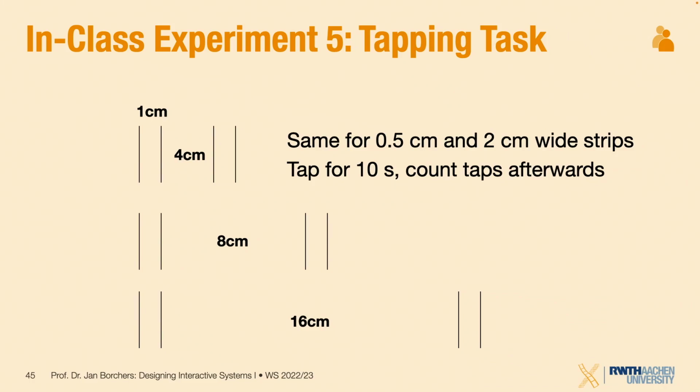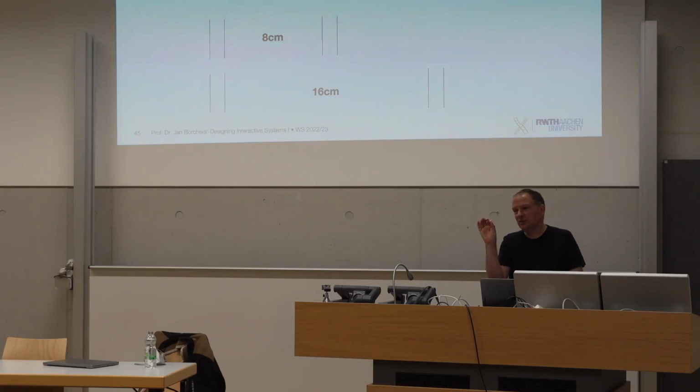I want you to basically put a dot into the left column and as quickly as possible move over to the right column and put a dot there. Move back to the left, okay? As fast as you can, but try to stay within the bounds. If you're slightly outside bounds, that's okay, but you don't want to be all over the place. You want to stay essentially inside these bounds.